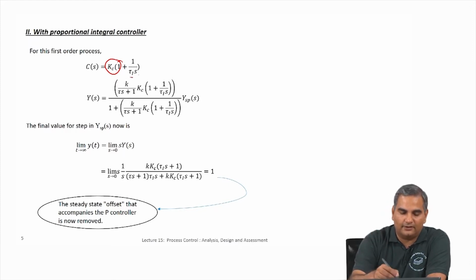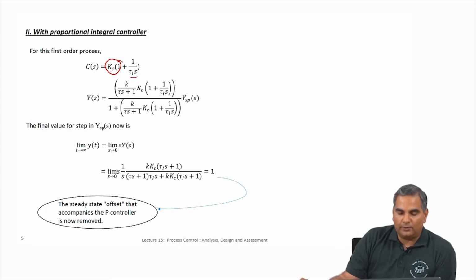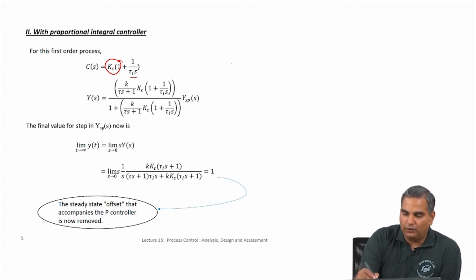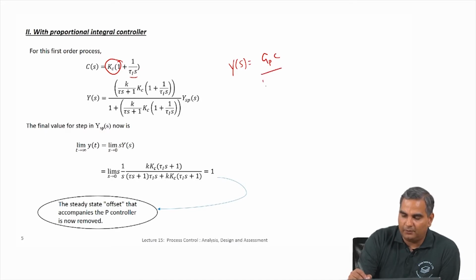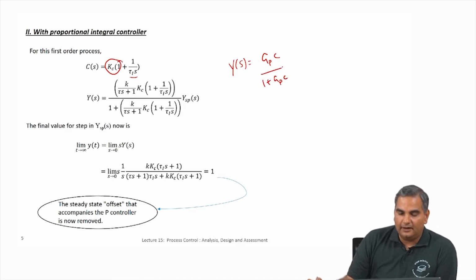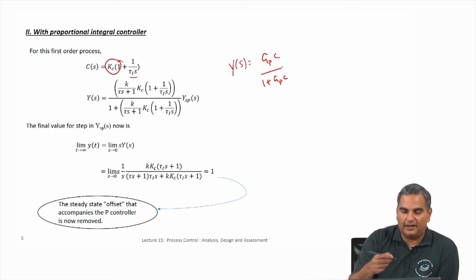So I have this extra term and we put it in this Kc times (1 plus 1 over tau_I s) form. Now this is the same, Y(s) equals Gpc divided by 1 plus Gpc, except that C is Kc when it is a proportional controller, and when it is a proportional integral controller it is Kc times (1 plus 1 over tau_I s).